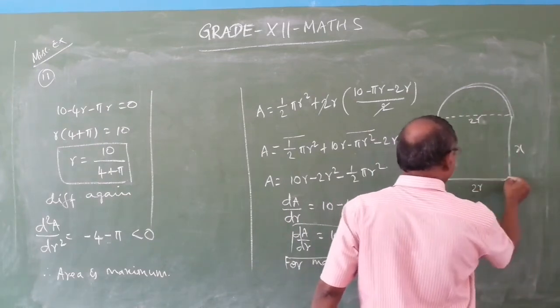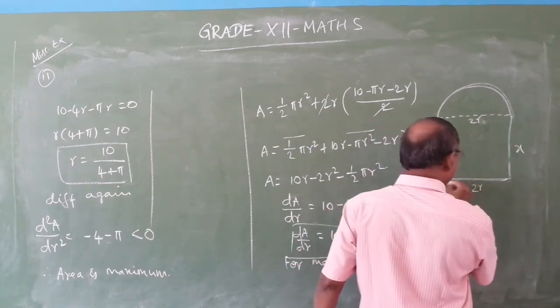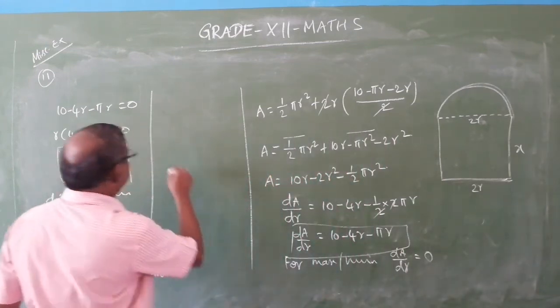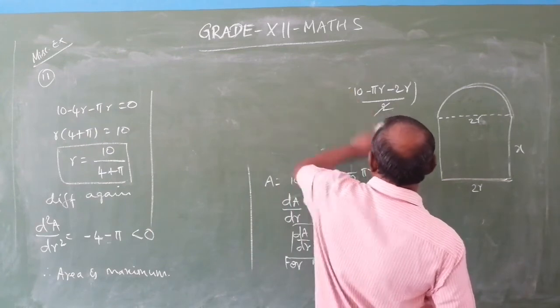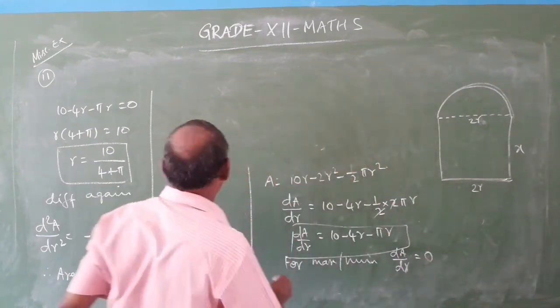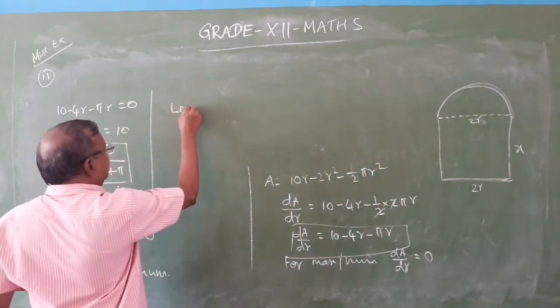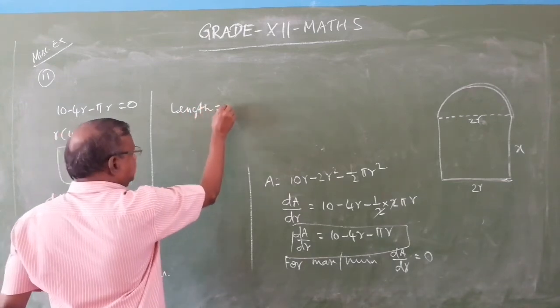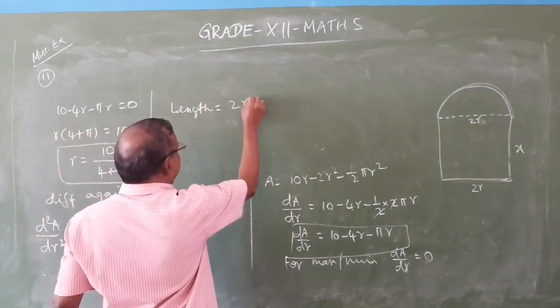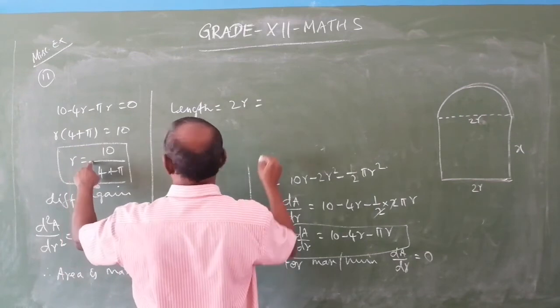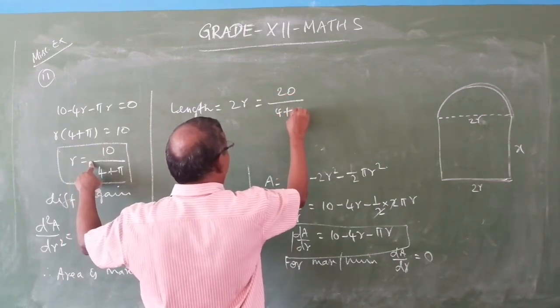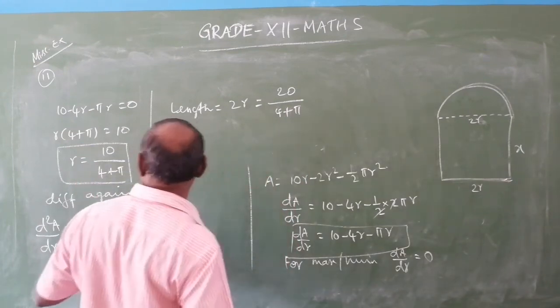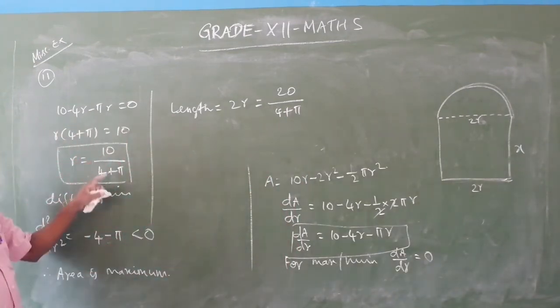Now we have found r equals 10 by (4 plus pi). The length of the rectangle equals 2r, that is 20 by (4 plus pi), and the radius of the semicircle is 10 by (4 plus pi).